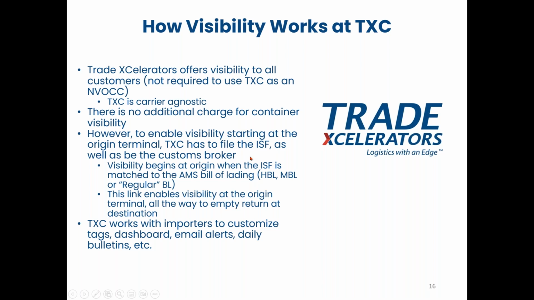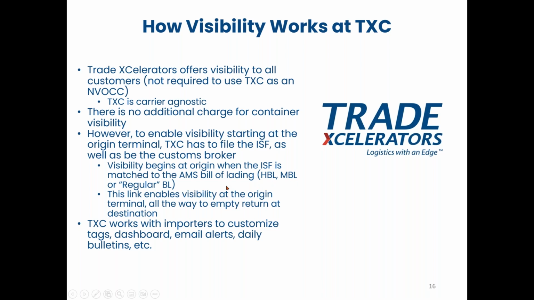But why do we need to do the ISF and be the broker? To trigger the visibility and allow you to use any carrier you want. Well, visibility begins at origin, when the ISF is matched to the AMS bill of lading. It's either going to be a house bill, a master bill, or what Customs refers to as a regular bill of lading.